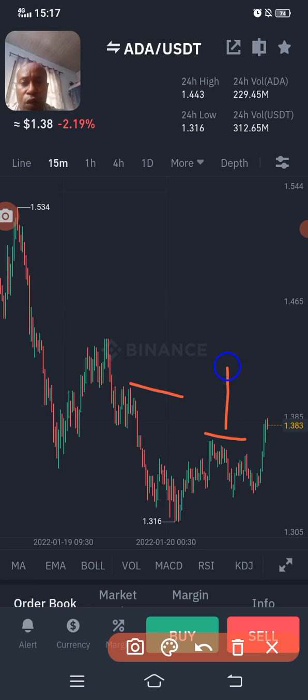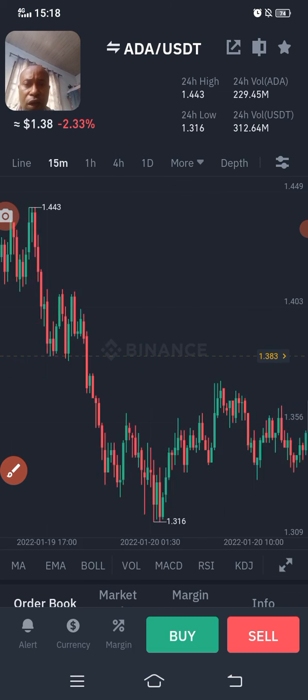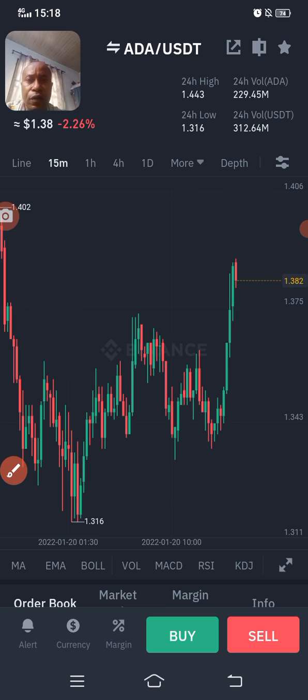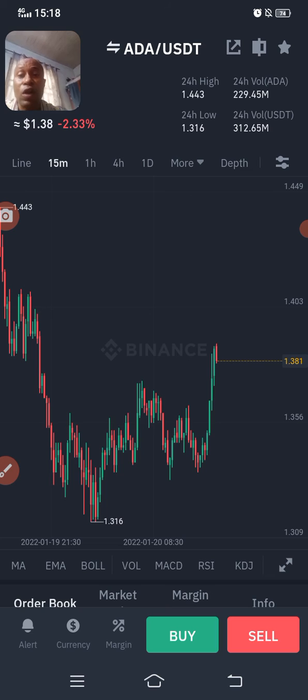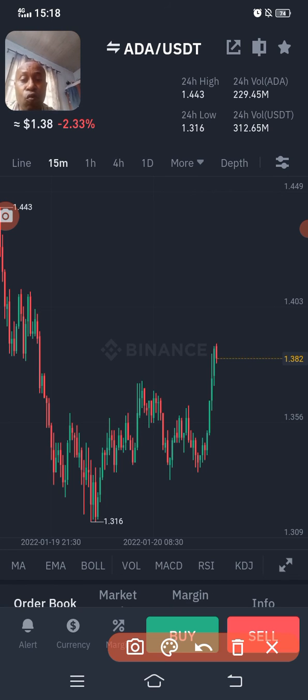And you as a trader, what do you do in this area now? All you have to do is to wait for this 15 minutes chart to finish and see whether price will go up, because the overall scenario is that this price wants to go and do what? Clean this place.